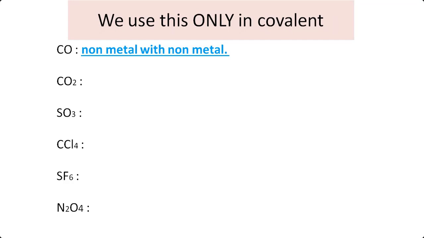When we say carbon and oxygen, the first thing we should know is whether these are covalent compounds. Yes, because if they're not covalent compounds, we would call them according to the ionic bond naming. Here we have CO, carbon monoxide. Carbon and oxygen are nonmetals, so this is a covalent compound.